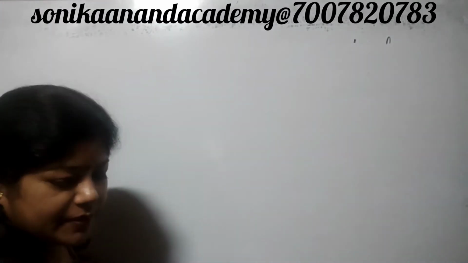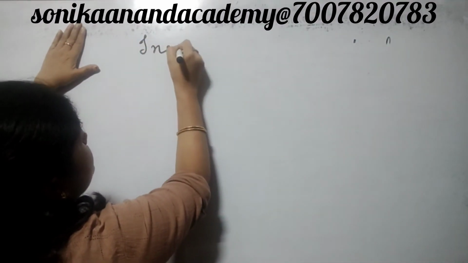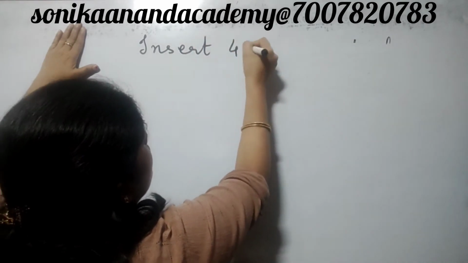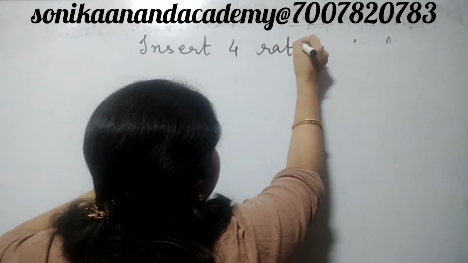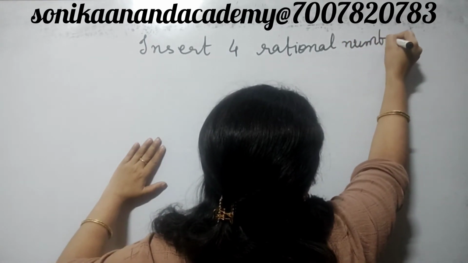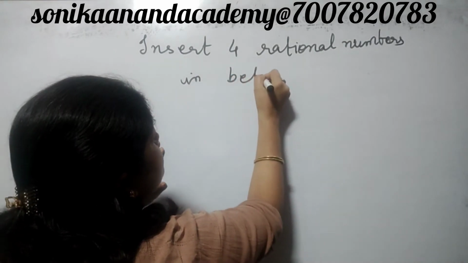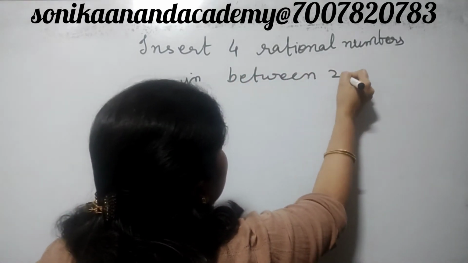Now the second method. For example, it is given in the question: insert 4 rational numbers in between 2 and 3.